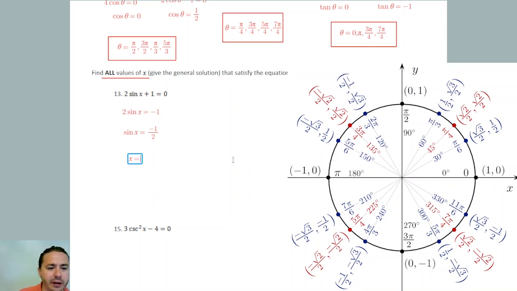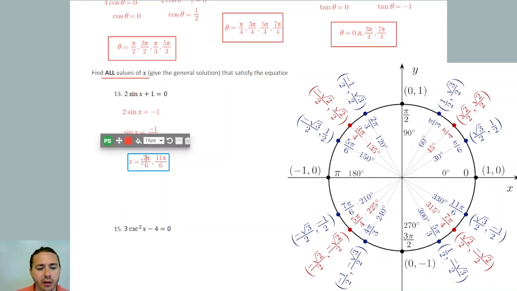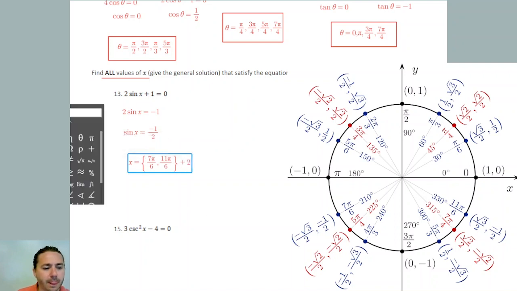So here's how you're going to write it. You're going to say 7 pi over 6 and 11 pi over 6. These would be the solutions on the unit circle, but since it says give all solutions, we're going to put set brackets around these and then write plus 2 pi n.